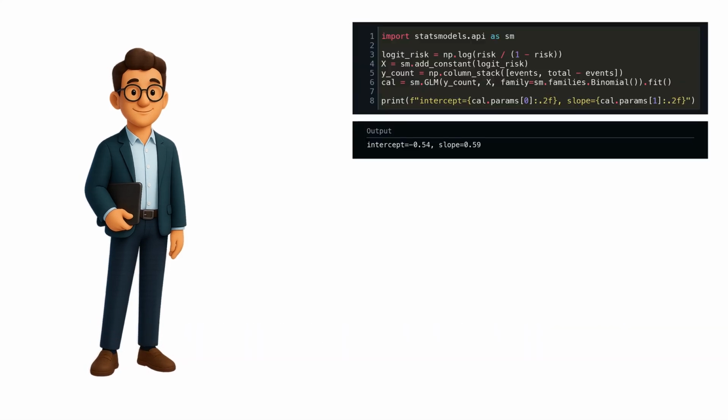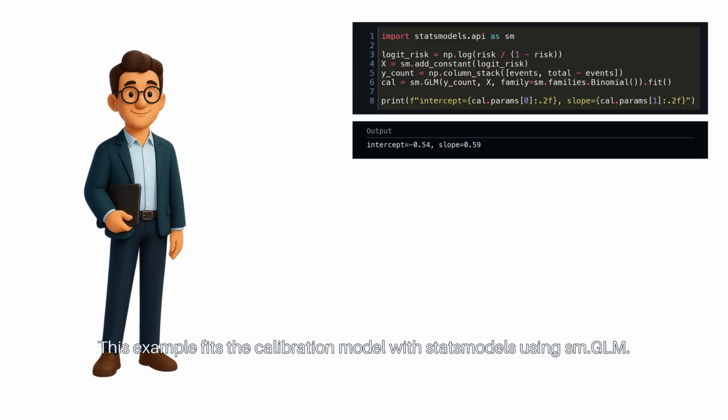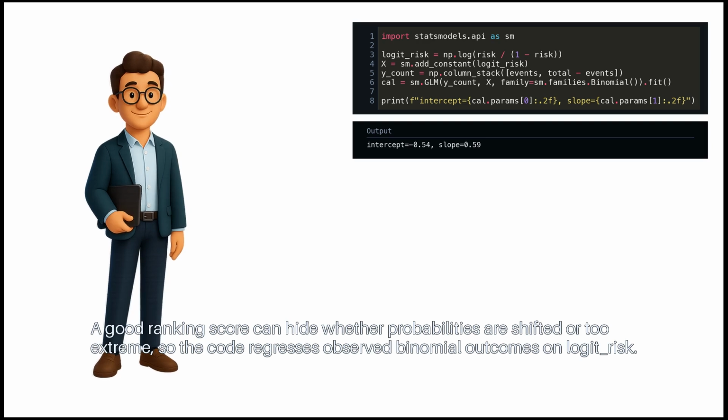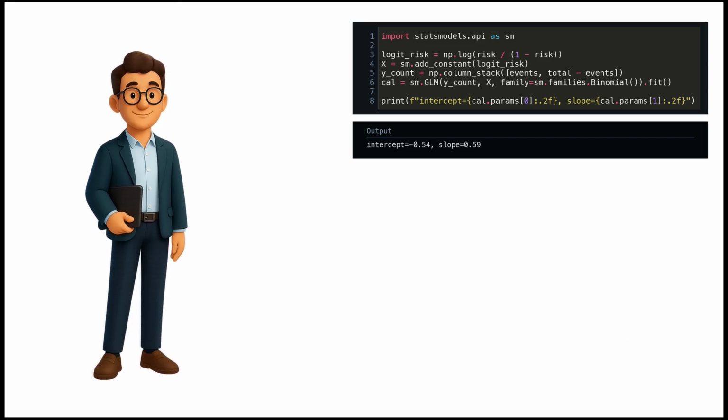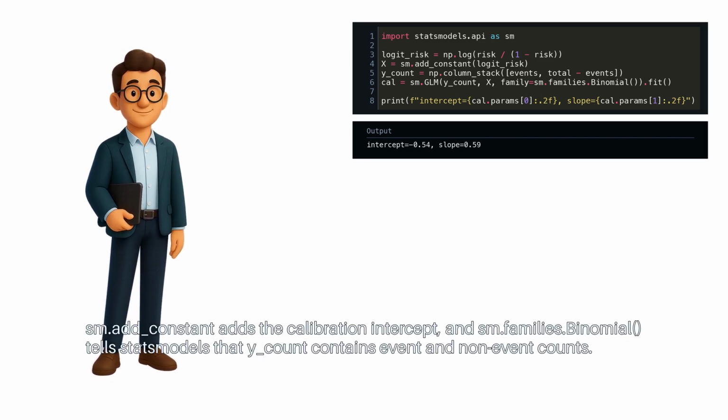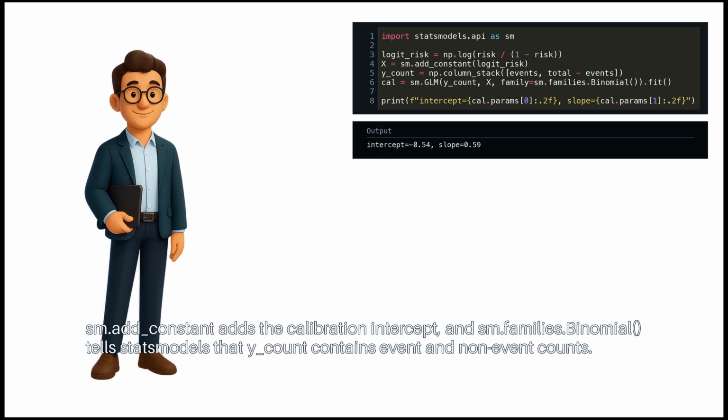This example fits the calibration model with statsmodels using sm.GLM. A good ranking score can hide whether probabilities are shifted or too extreme, so the code regresses observed binomial outcomes on logit risk. sm.add_constant adds the calibration intercept, and sm.families.Binomial tells statsmodels that y_count contains event and non-event counts.